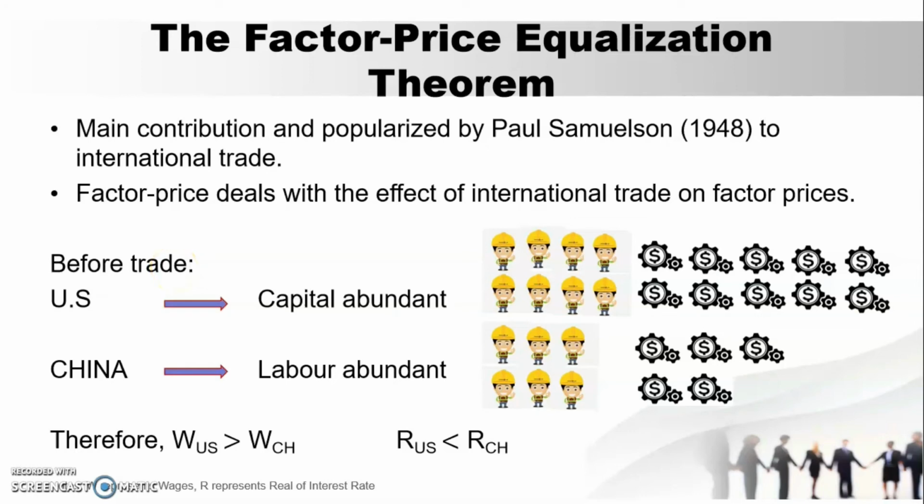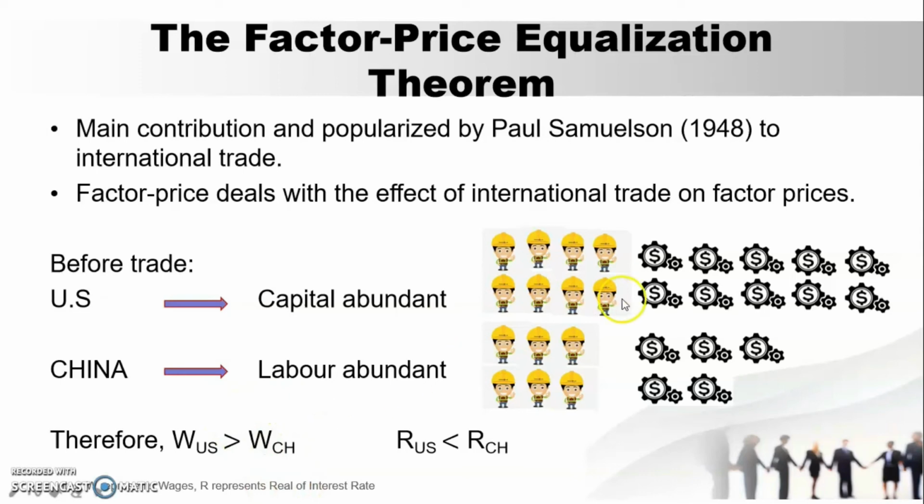To be short, this theorem was suggested and popularized by Paul Samuelson in 1948, who contributed to the world of international trade and economics. This theorem deals with the effect of international trade on factor prices. As we look at the graphic here, before both nations engage in any international trade, the wages of workers in the US are greater than the wages of workers in China.